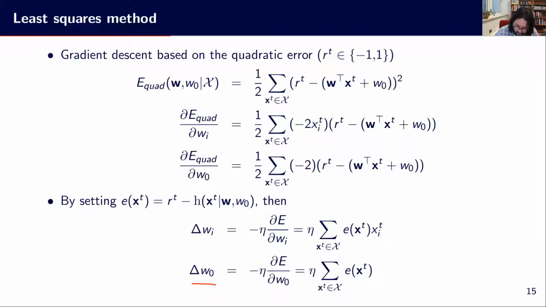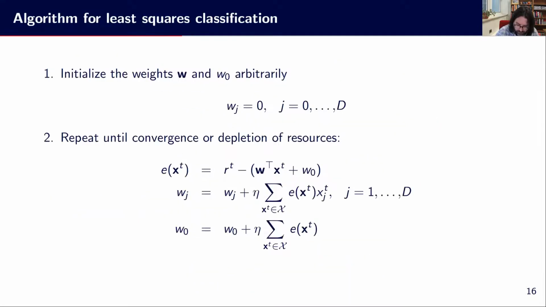Likewise, for w_0, we have eta here. The minus sign is cancelled, and the 2 is also cancelled, as in the previous equation. We are summing over all samples the error we observe between the target and h(x^t).